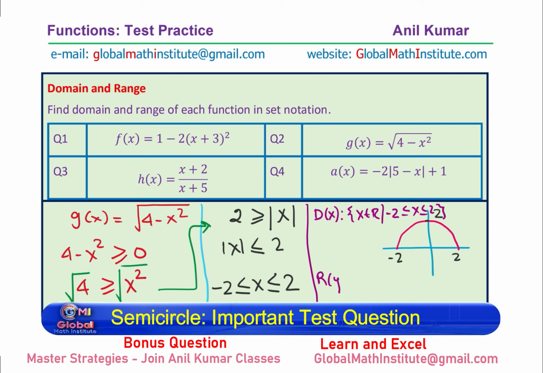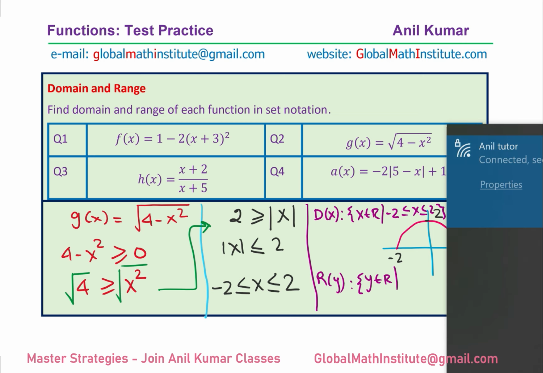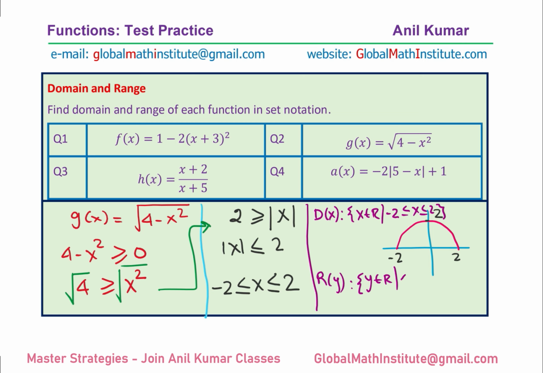So the dependent variable y represents the range. y belongs to real numbers, of course. And y is what? Well, it is greater than or equal to 0, but less than or equal to 2, both included. So that becomes the range for this function.